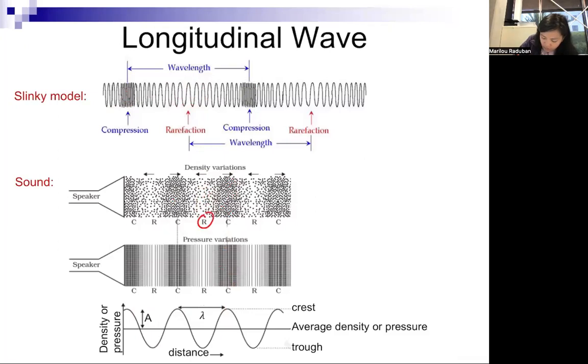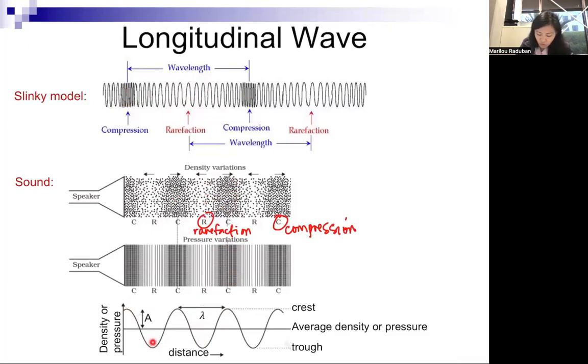So R means rarefaction, C means regions of compression. And those regions of rarefaction correspond to lower density and also lower pressure in the medium. And those regions of lower density, lower pressure, and rarefaction, they correspond to the trough of the sinusoidal graph for the wave.